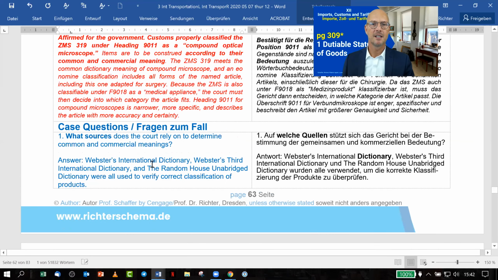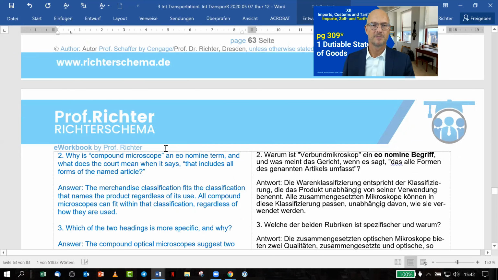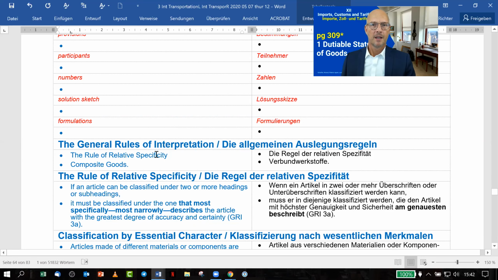And at the end, you can see what sources a court really looks up to determine the common or the commercial meanings and the use, right? If you interpret these customs rules, there are some rules of interpretation.